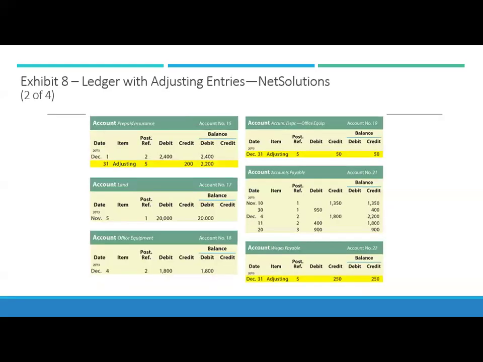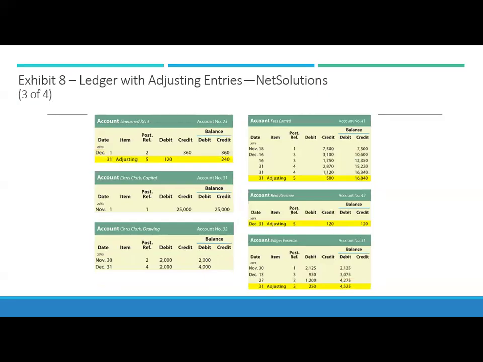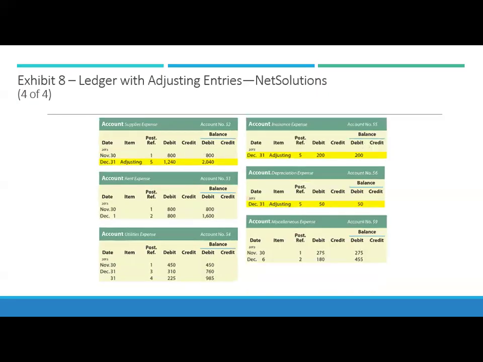And then we post each of the adjusting entries to the T accounts and to the ledger accounts. And once we have adjusted each of the balances in our accounts, we create the adjusted trial balance.